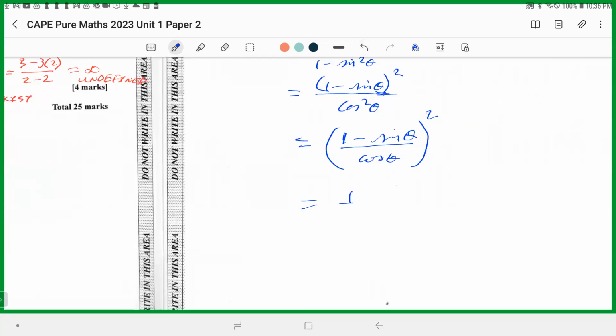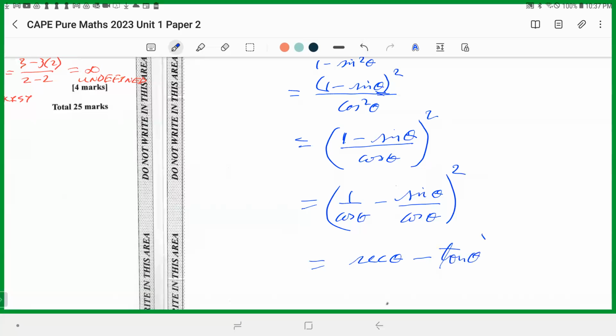So I get 1 over cos theta minus sine theta over cos theta all squared. And then 1 over cos theta right here is sec theta. And the sine theta over cos theta is tan theta all squared, which is the right hand side.